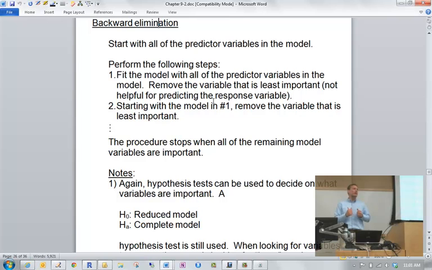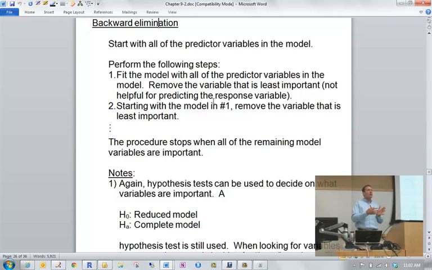So remove them from consideration, so that we can move on to step 3, which allows you to refine the model. So with forward selection, what we basically did was we started with a model that had no predictor variables in it at all, and then, one at a time, added predictor variables to the model as long as they were found to be important, given what was in the model in the past.